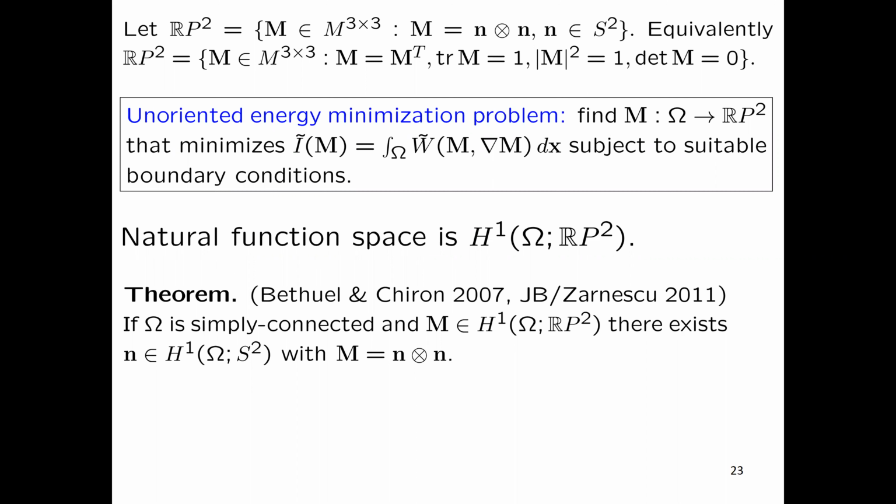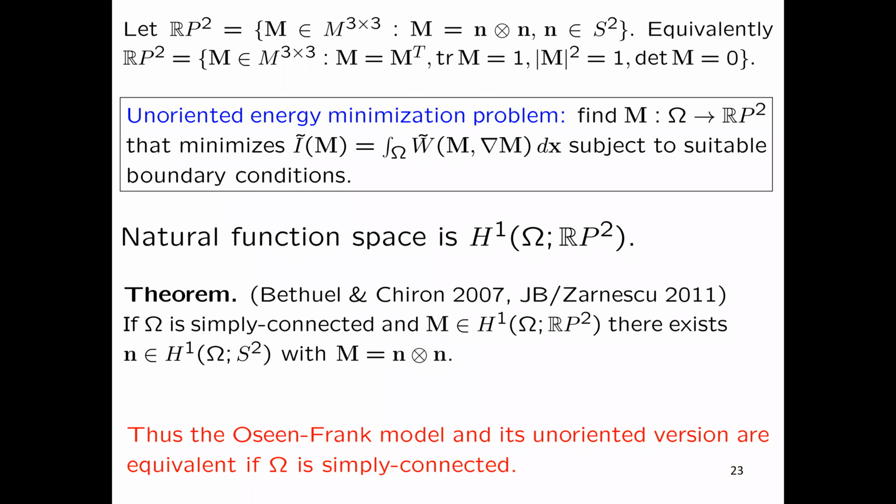In the example I gave before, the region was not simply connected. But if the region is simply connected, then you can orient any line field in H1. So the conclusion is that the Oseen-Frank model and its unoriented version are equivalent if omega is simply connected.